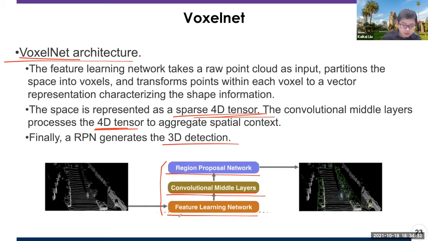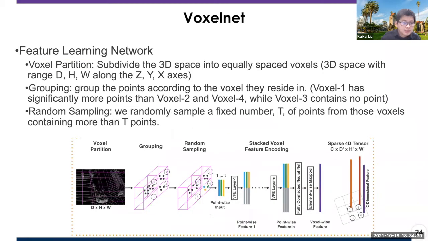So for example, let's talk about the first part, the feature learning network. This is also one of the breakthroughs. Instead of using projection and picking some manual features, they tried to use a neural network process to learn the features. Since they utilize the voxel representation, they subdivide the 3D space into equally spaced voxels, so it's like D, H, and W along the Z, Y, and X axes.